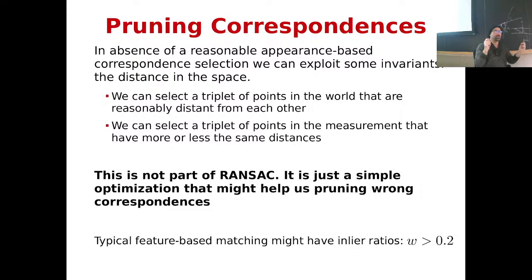Maybe I could pick the two most distant points on the one cloud and the two most distant points on the other cloud. And maybe the third one, which is orthogonal to the two. I could invent something. The thing is to try to pick correspondences in a way that the invariants are preserved. Okay? Clear? I want to simplify it.